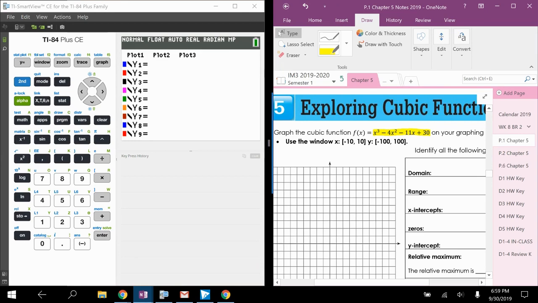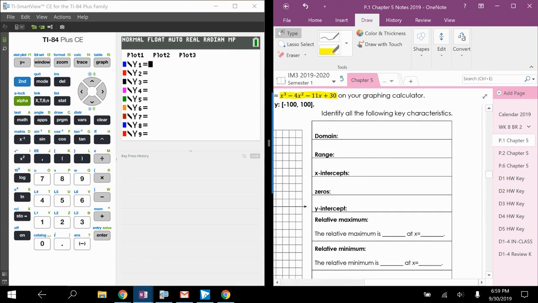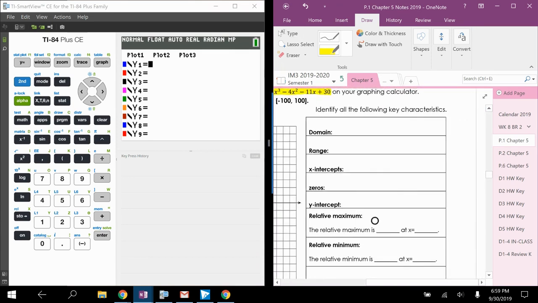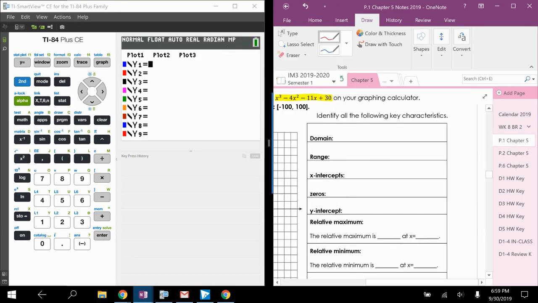Okay, so with that graphing calculator, we want to make sure that we can get a nice, pretty graph on paper. So there are a few things that we have to get in order for you to graph this on paper. The things that you need are your x-intercepts, your y-intercept, your relative max, and your relative min.